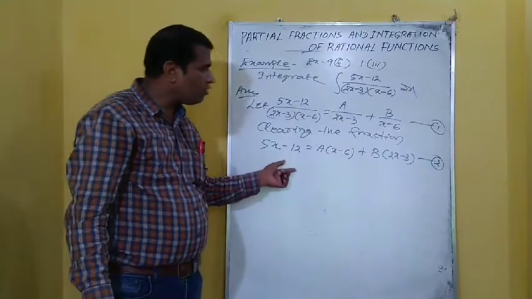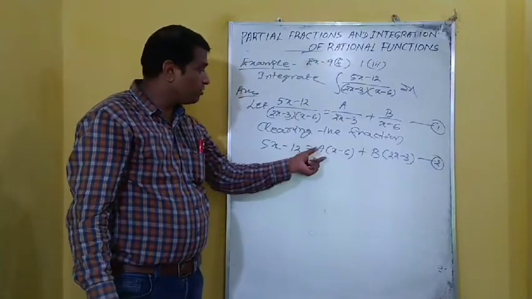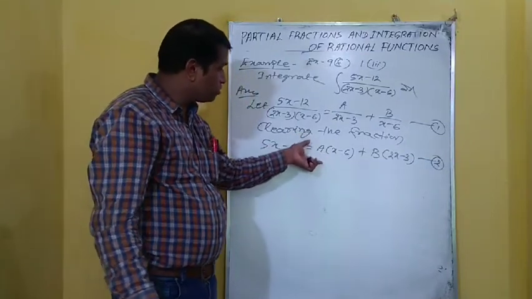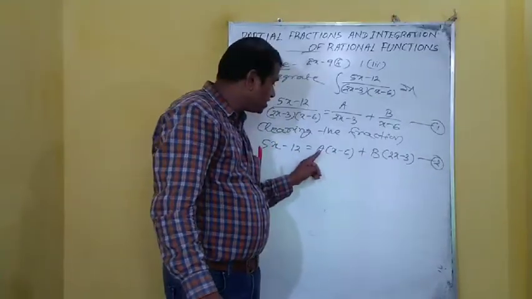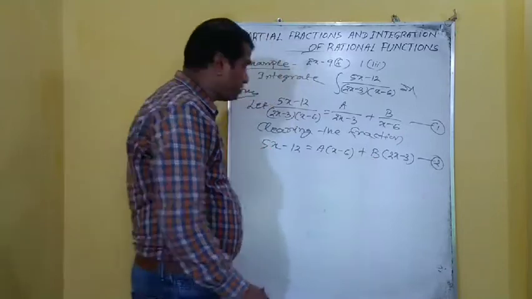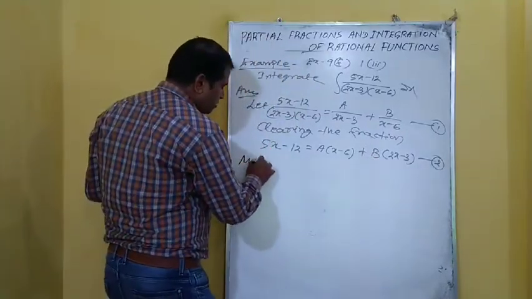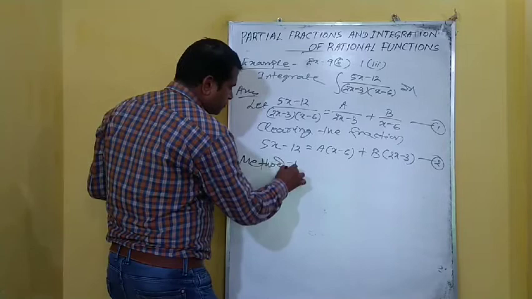Now here we use the methods to find the values of the constants A and B. First we use method 1.